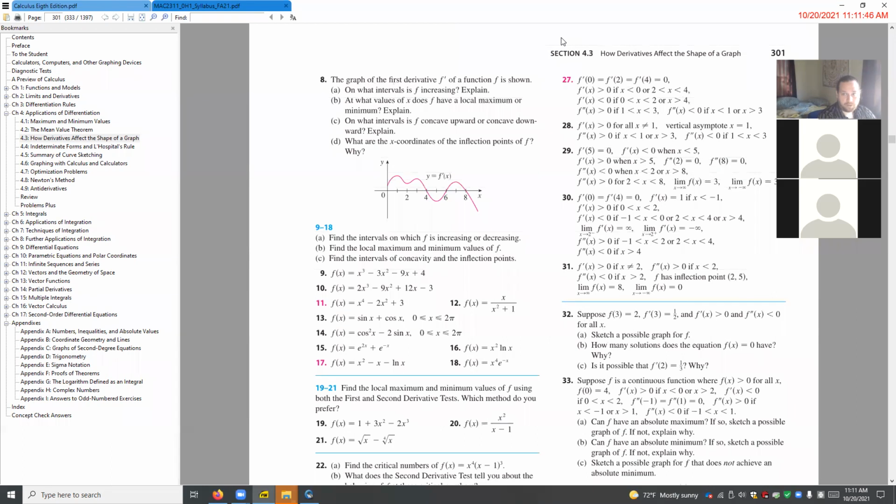F prime is positive if x is negative, or if x is between 2 and 4. F prime is negative if x is between 0 and 2 or greater than 4.